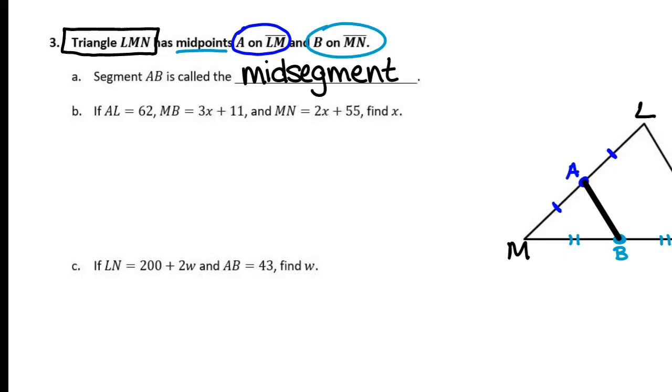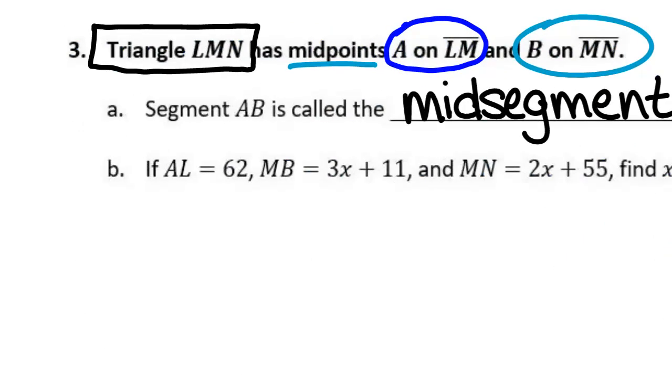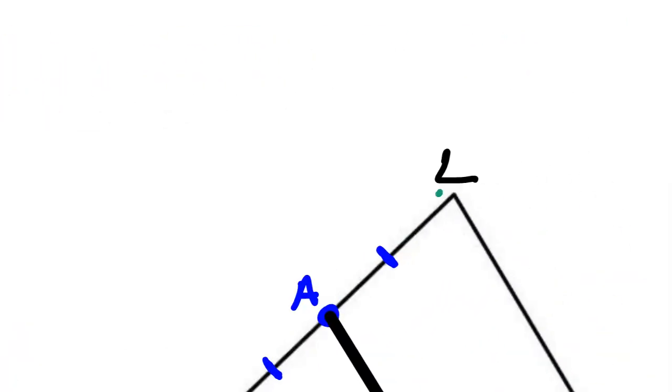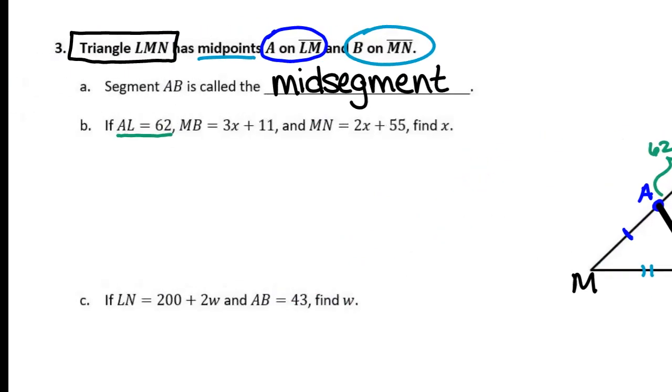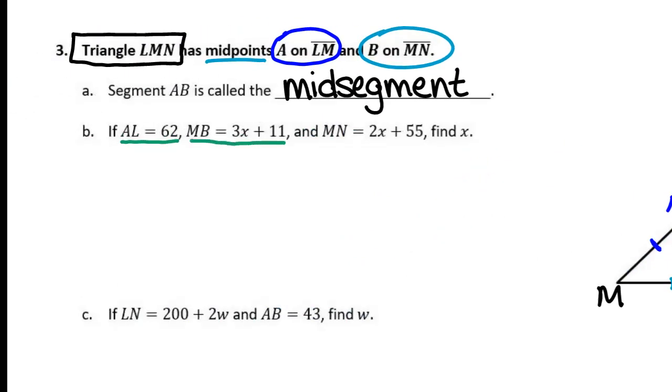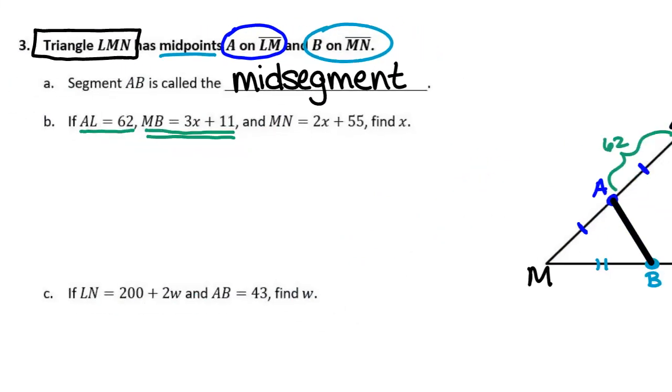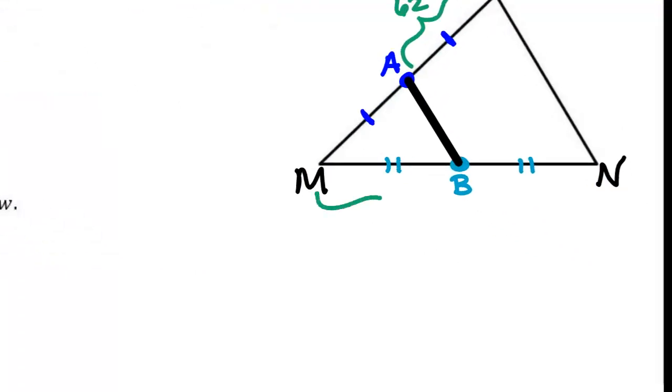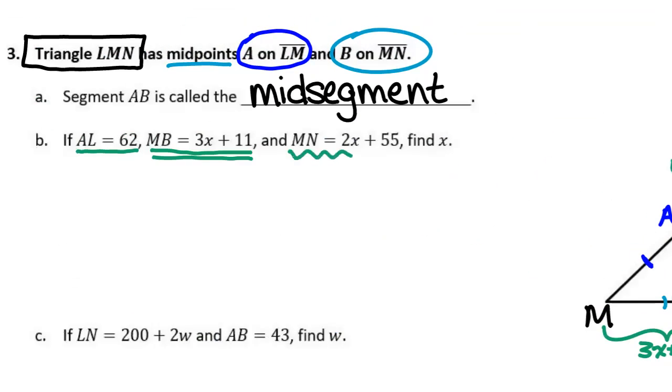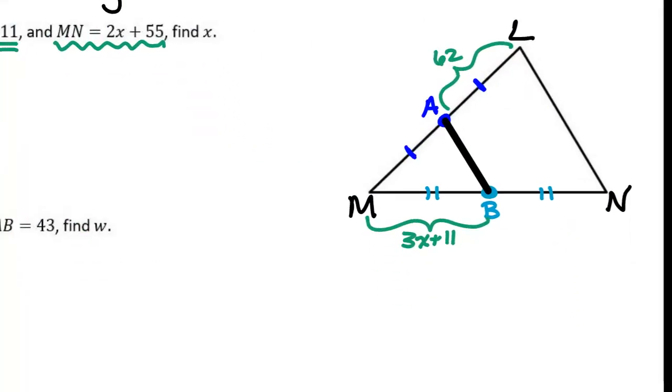All right, let's see what else we have to work with here. Part B, AL is 62. Here's AL. MB is 3x plus 11. And then MN is 2x plus 55.